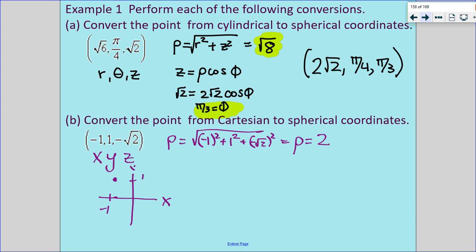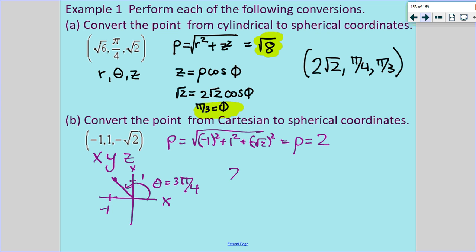You should always label your axes. So -1 for x, 1 for y. So it looks like our theta, which is our rotation from the positive x-axis, is going to be 3 pi over 4. Any questions on that?